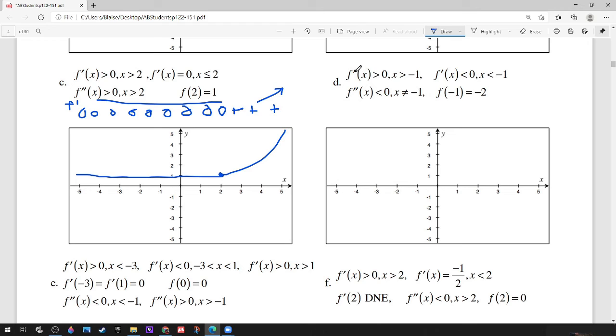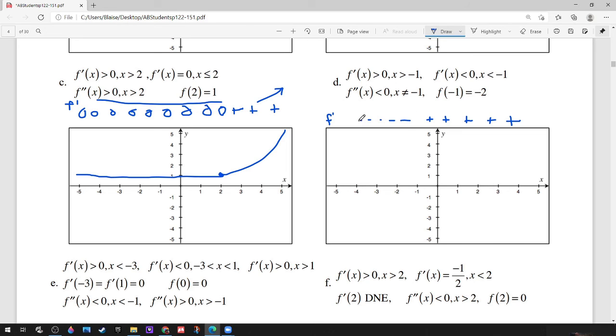And then, let's see, f prime is positive when we're greater than negative 1, and then it's negative when we're less than negative 1.